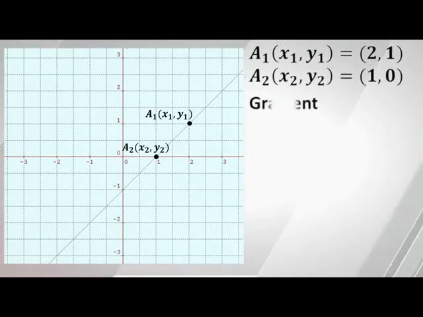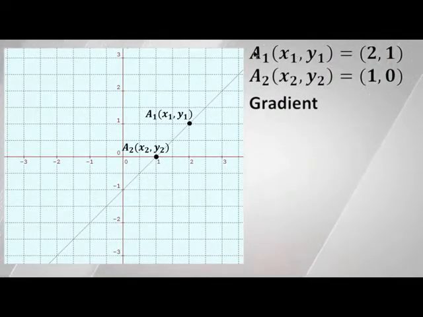Now, we're going to find the gradient of a straight line. How to find a gradient? First, you just need to choose two random points that lie on the line that you're going to find the gradient of. So, I choose points A1 and A2. The coordinate of A1 is (2, 1) and A2 is (1, 0).